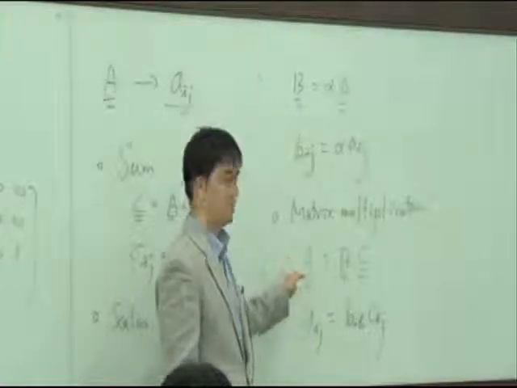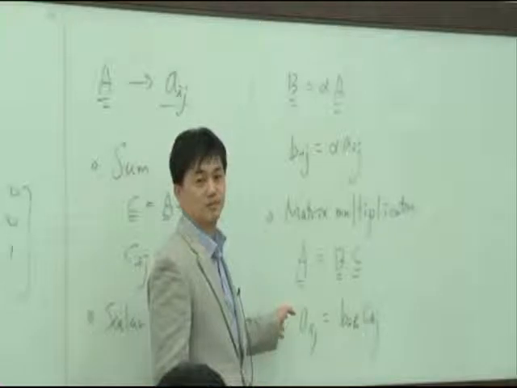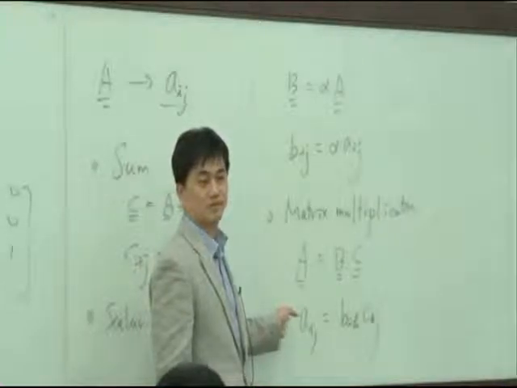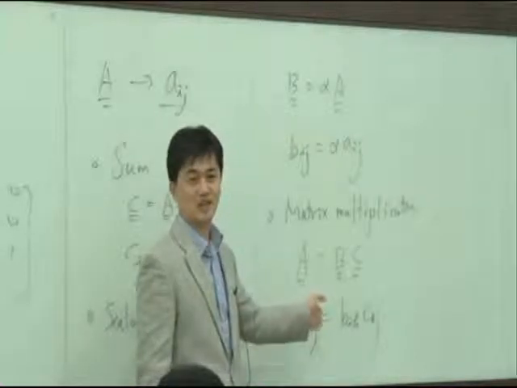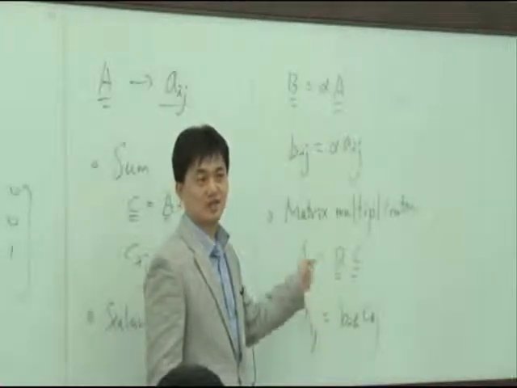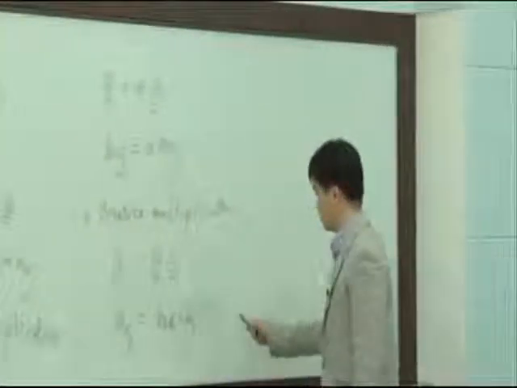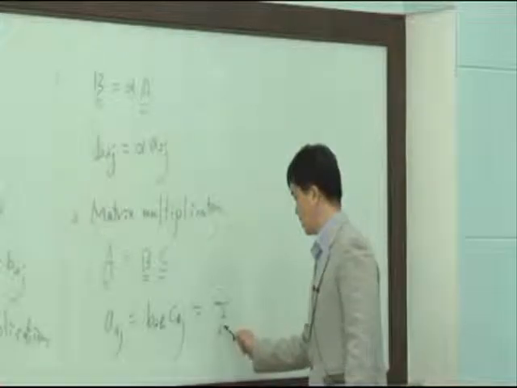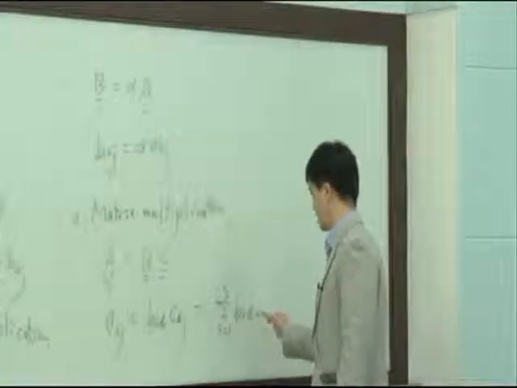A, B, C are 3 by 3. Same, 9. Then what's the K? K is changing. So this means sum K equal 1, 2, 3, Bik, Ckj.